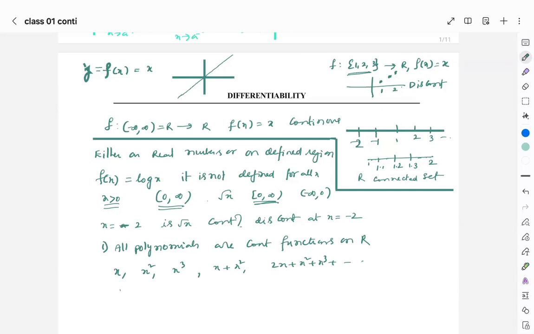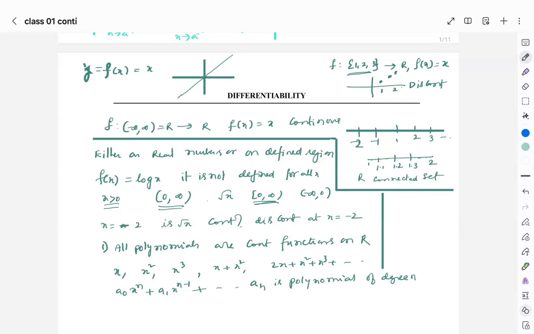So the generalized format will be a naught x power n plus a1 x power n minus 1, and so on, is a polynomial of degree n. So all these are continuous functions.